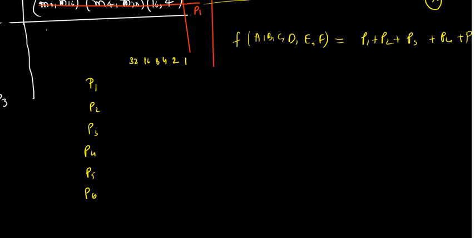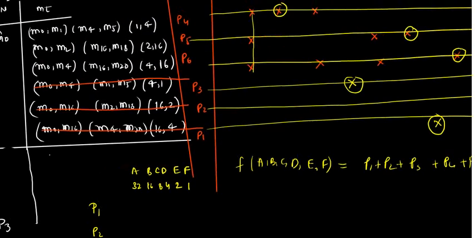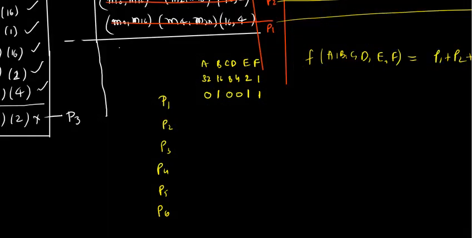This corresponds to A, B, C, D, E, F. So P1 is M19. 19 means 16 and there is no difference first time, so no dots. This element is alone, you have not grouped it with anyone, that is why there are no dots coming.